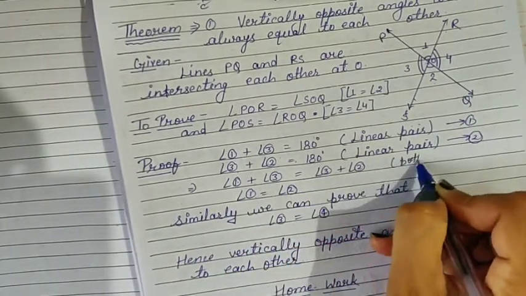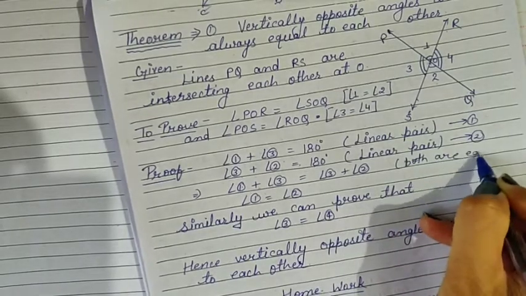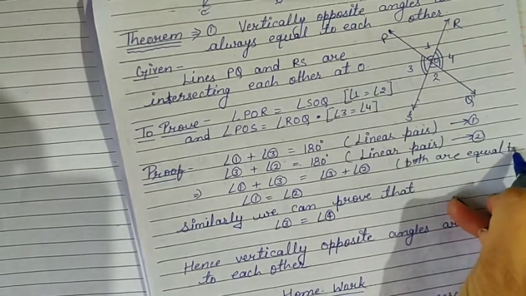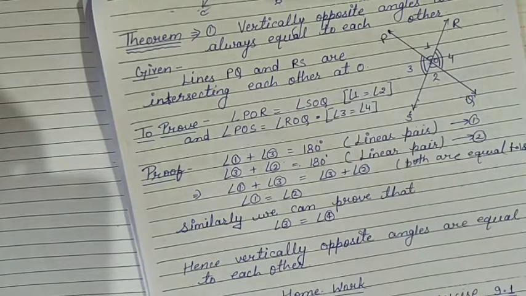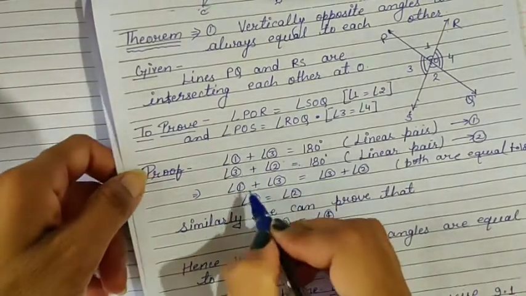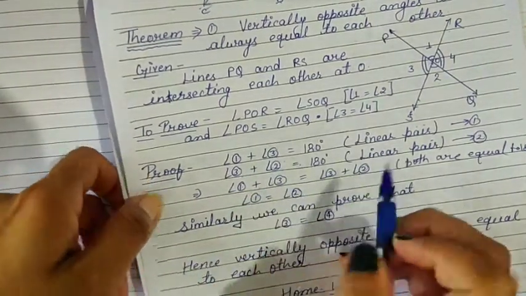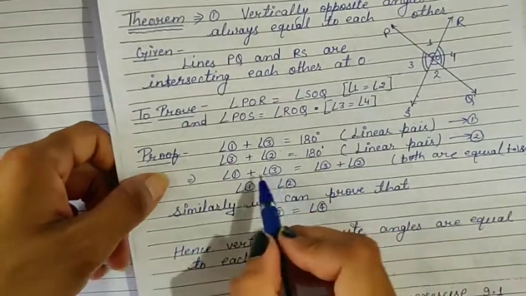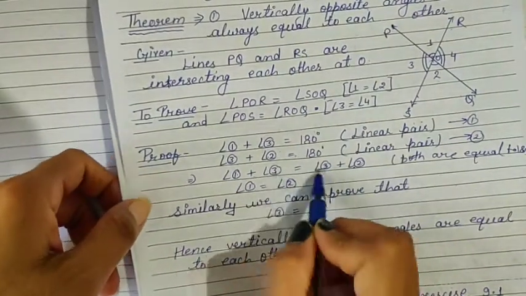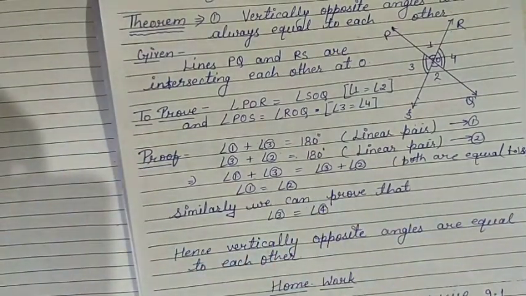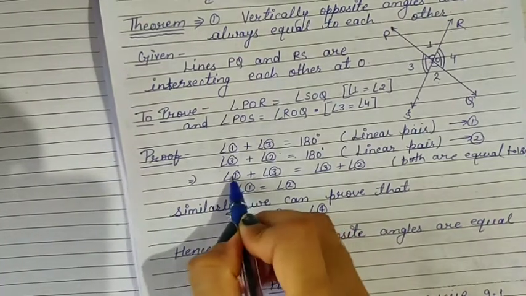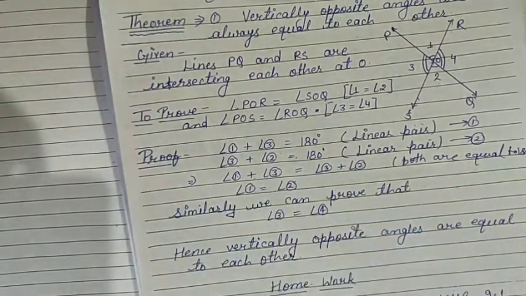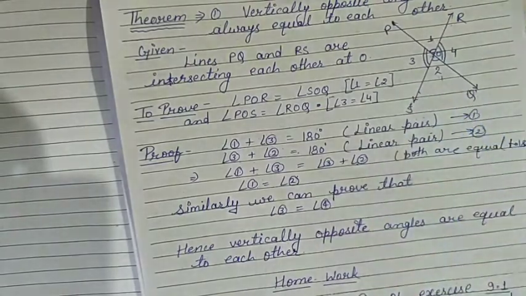Both are equal to 180 degrees. Okay. So angle 3 is added on both sides of the equation. It means angle 1 equals angle 2.